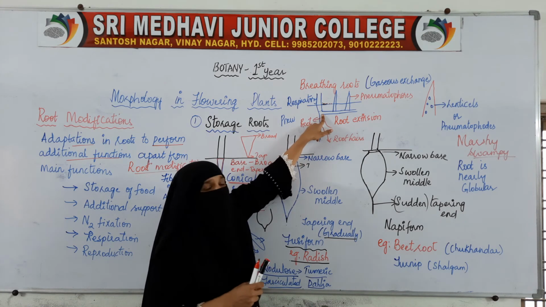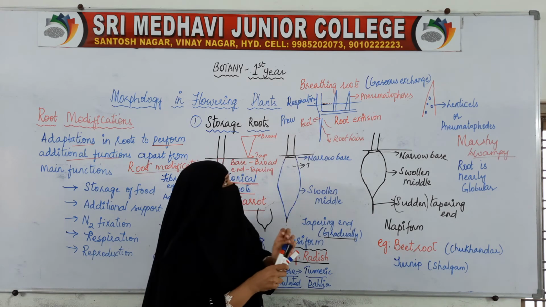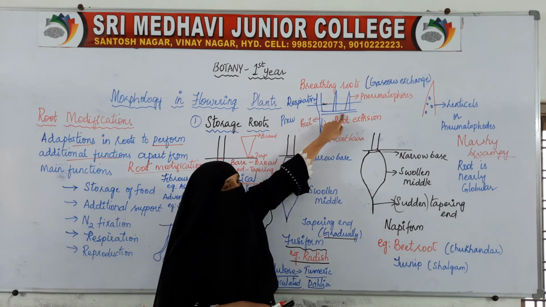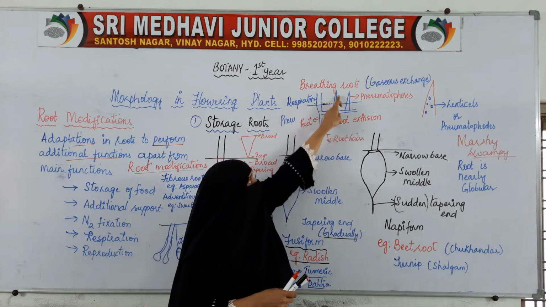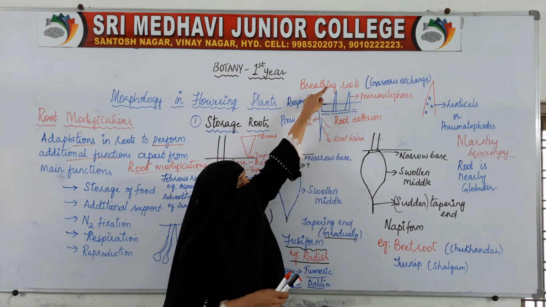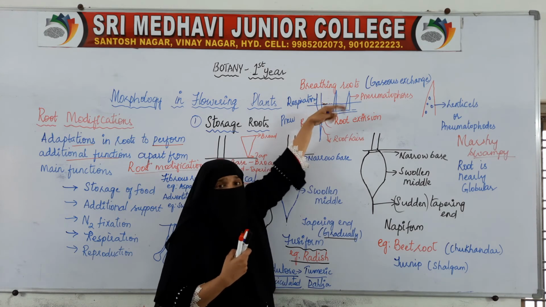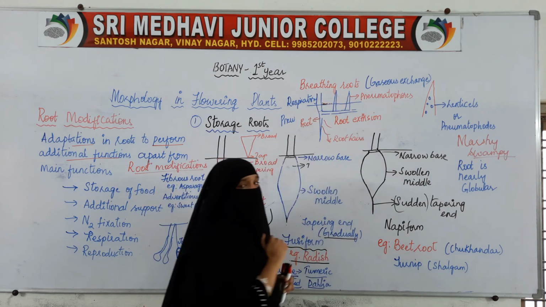But here, in order to help in respiration, small roots will be formed on the extension, growing away from the soil. These roots will be growing upwards.